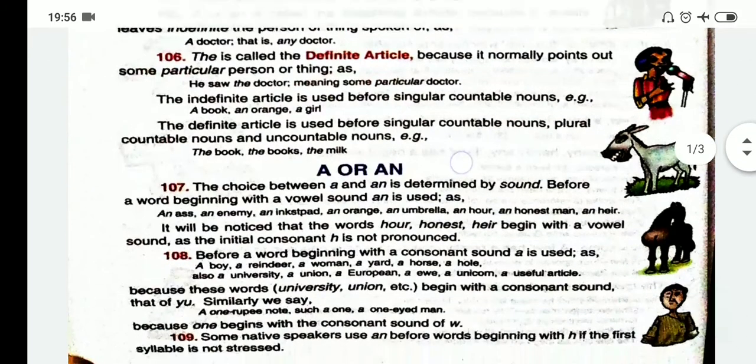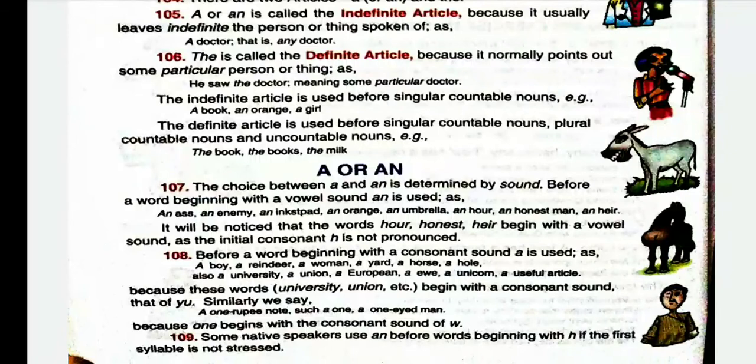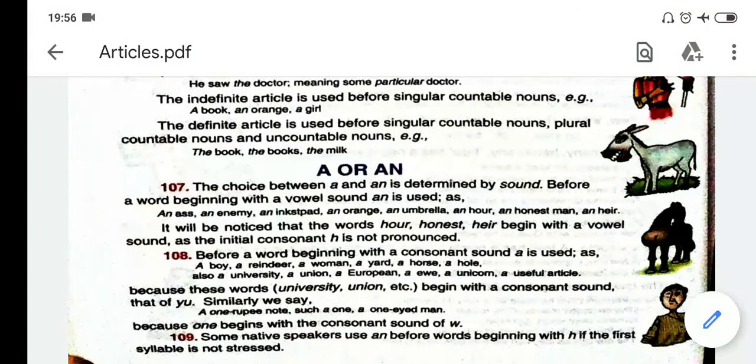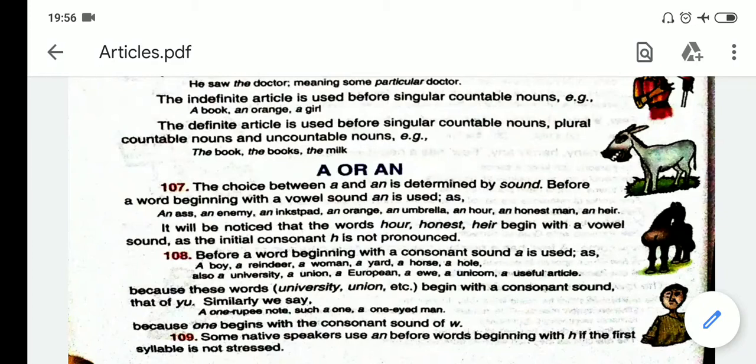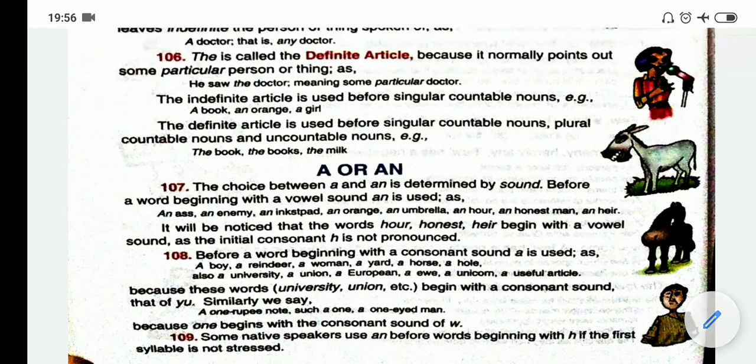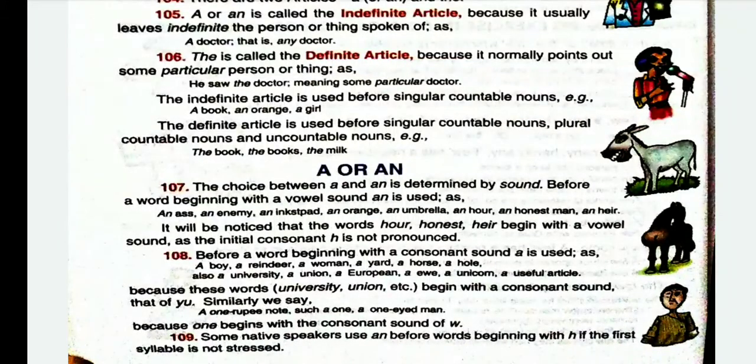Listen very carefully. A or an. Now we will see what are the uses of the indefinite article a and an. We all know that the choice between a and an is determined by the sound. Before a word beginning with a vowel sound, all of us know what is a vowel sound, an is used, as in an enemy, an inkpad, an orange, an umbrella, an hour, an honest man, an ear.